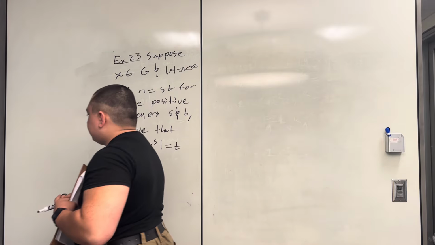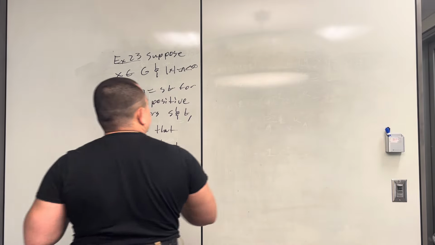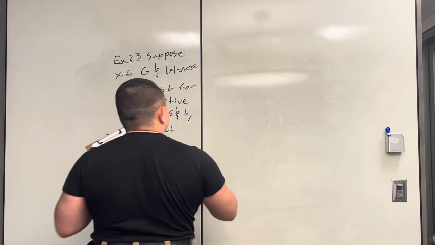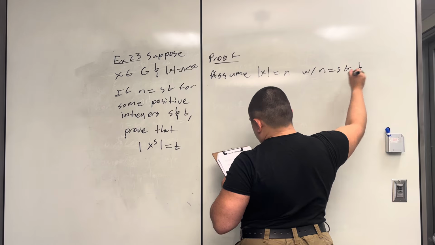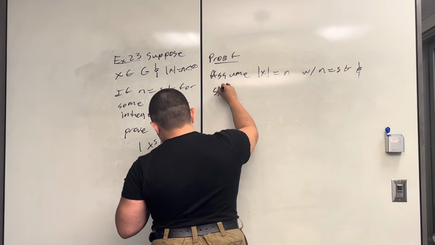Let's look at that more rigorously. So, assume that the order of x is equal to n with n equal st, and s and t being positive integers.